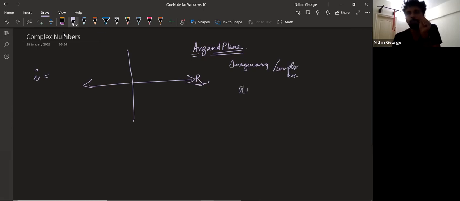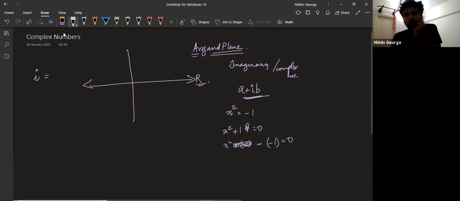They are of the form a plus ib. The idea of how this came about was by solving x square equal to -1. So it becomes x square plus 1 equal to 0, or you can write that as x square minus (-1) equal to 0.